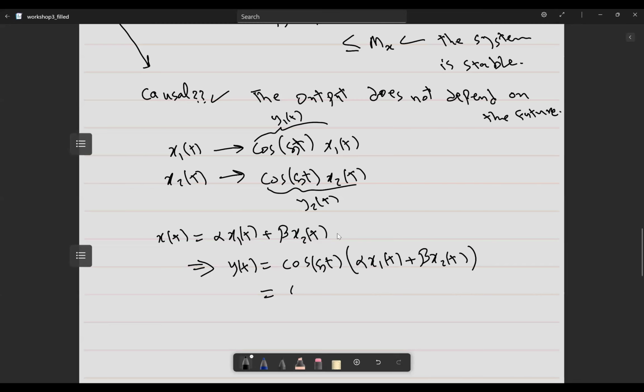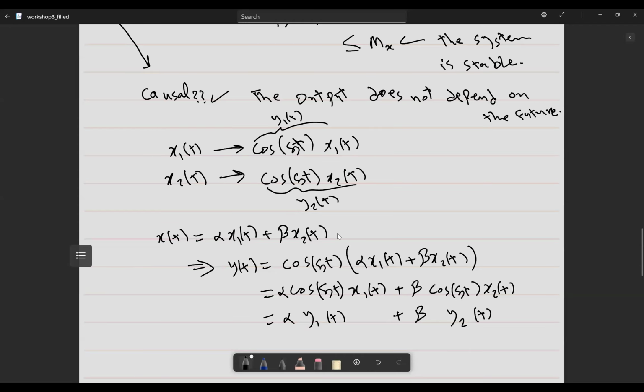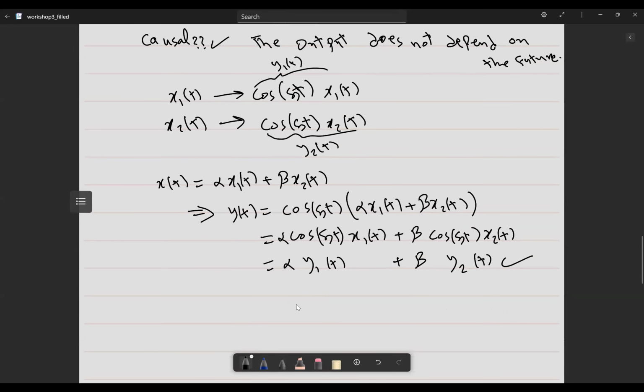And this will be alpha, let's keep the alpha outside, cosine 5t x1t plus beta cosine 5t x2t. And this is alpha y1t plus beta y2t. And the system is linear. This system is linear.